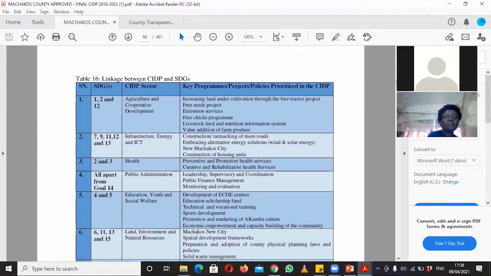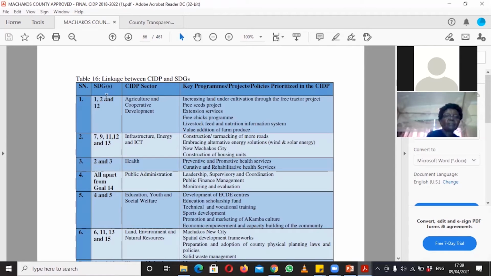It is in the CIDP, in the sector of agriculture and cooperative development. The key programs, projects or policies prioritized in the CIDP include increasing land under cultivation through the free tractor project, the free seeds project, extension services, the free chicks program, livestock feed and nutrition information system, and value addition of farm produce.